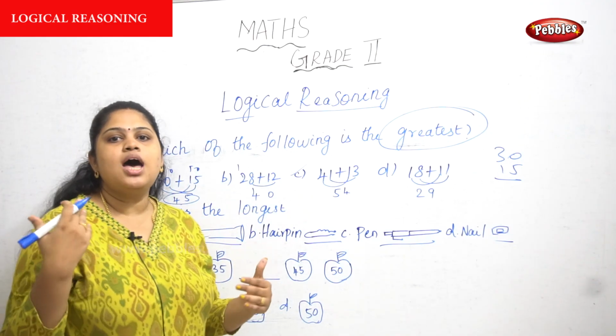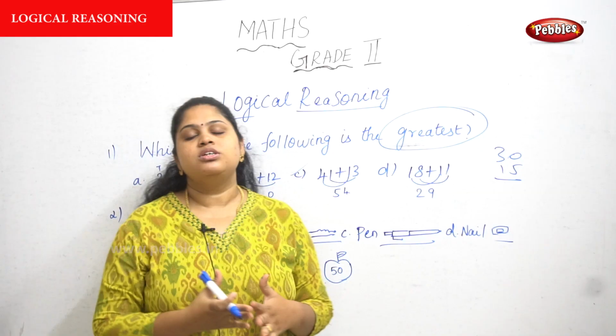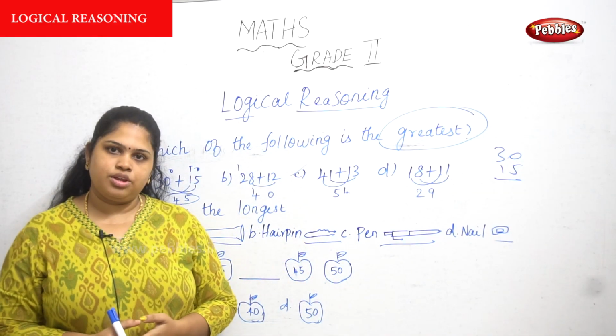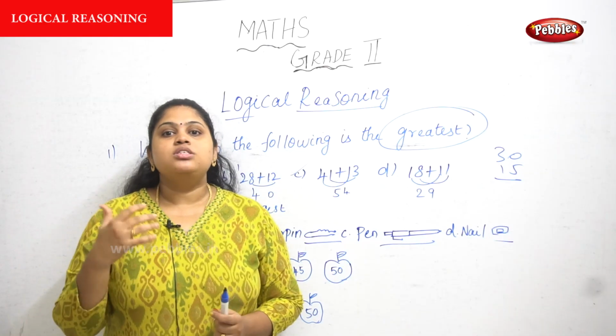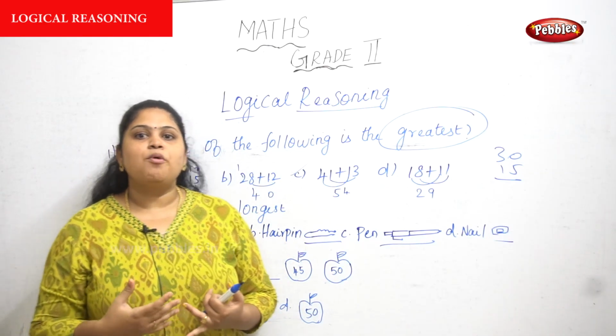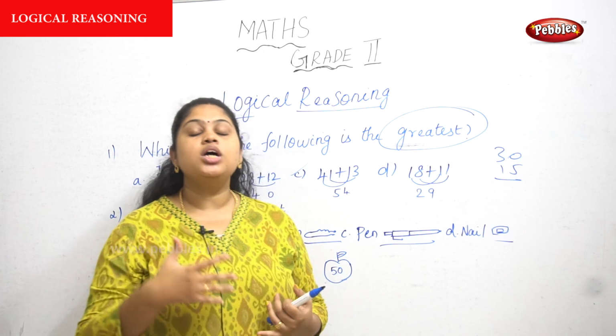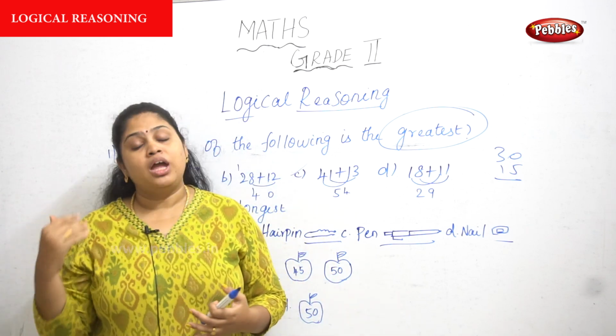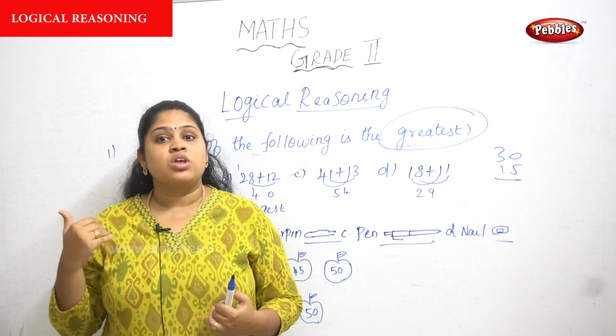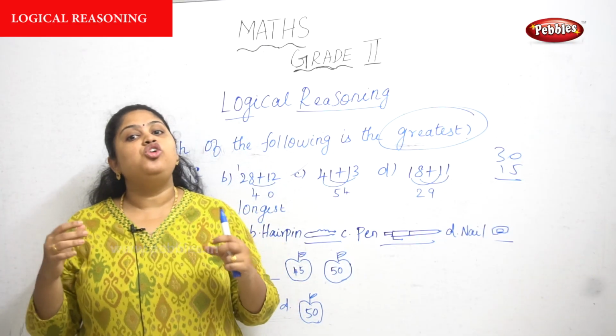Keeping this as a reference, I am asking a question, children. Please listen carefully. You are going to a bakery. You are buying some hot dogs, some burgers, some French fries, and of course some tacos. Which is the longest?